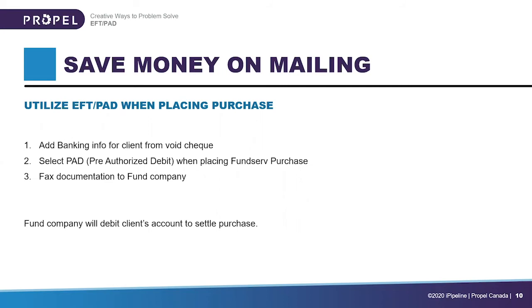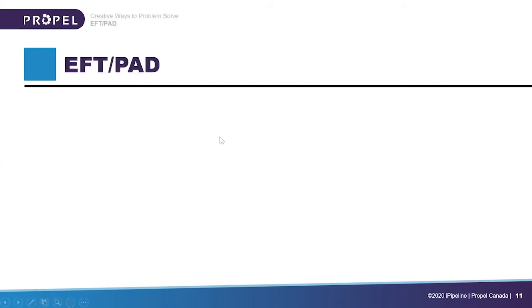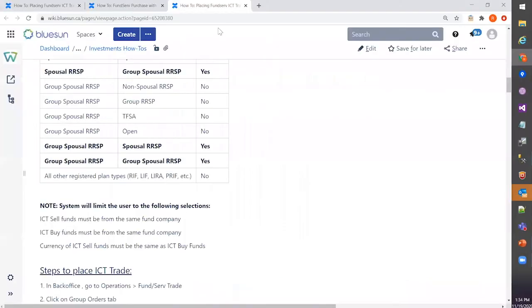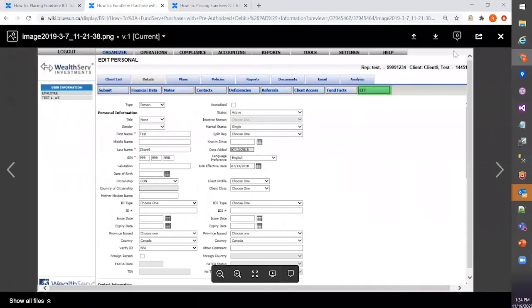So you don't have to mail anything. You can fax your documentation to the fund company, and they can take care of the settlement. So instead of couriering your checks, you can just send the EFT information to them.